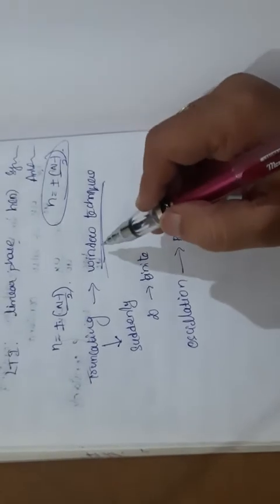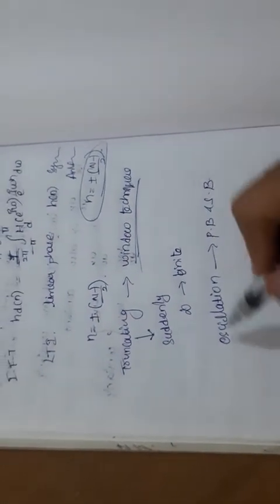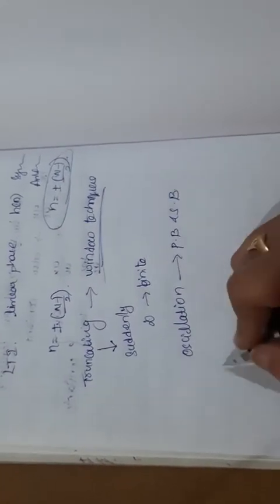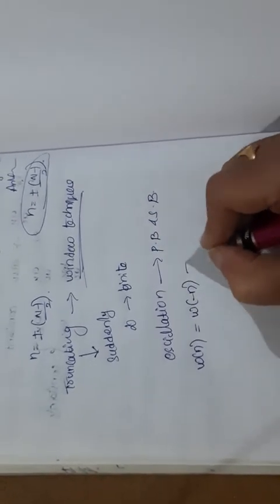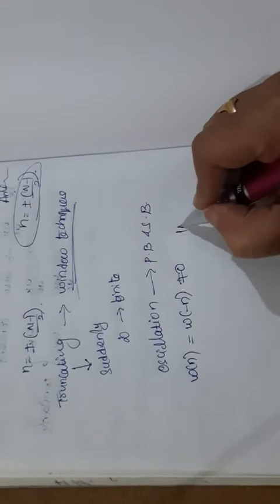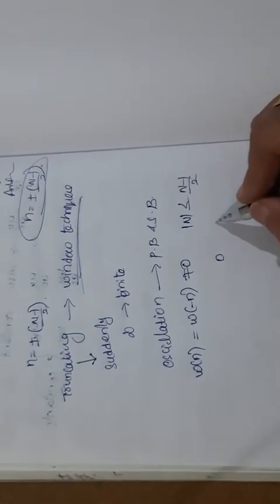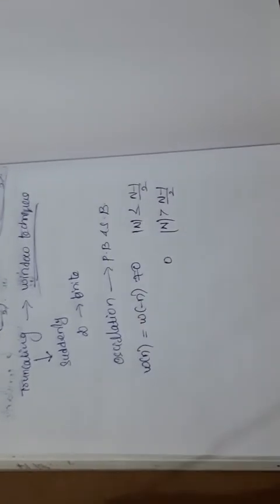That's why we go for windowing techniques. These windowing techniques reduce the number of oscillations in the pass band and stop band. The window sequence can be written like this: it is nonzero in between plus or minus (N minus 1) by 2, and 0 if n is greater than (N minus 1) by 2.